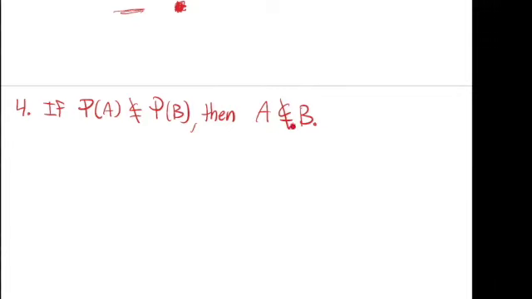When we put these slashes through, it just means not in mathematics: not equal, not whatever. So in this case, putting the slash through the subset symbol means not a subset.